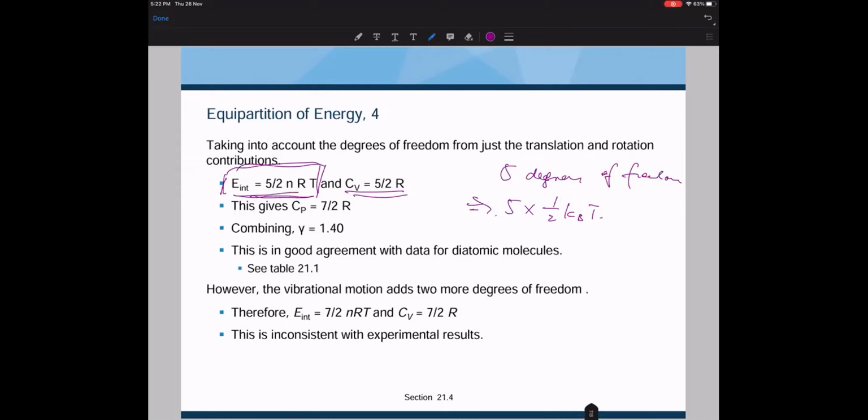So the total internal energy is 5/2 nRT. CV would be 5/2R. CP is CV plus R, so it's 7/2R. That is for the diatomic molecules. And we better stick just to the diatomic molecules for the discussion here.